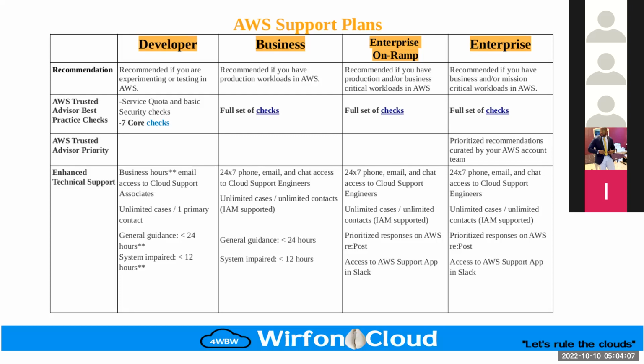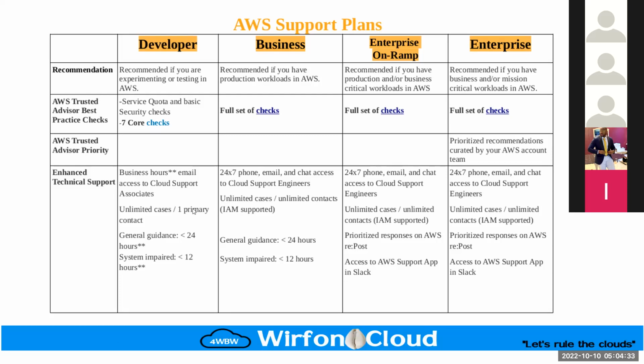On the enterprise, we also have 24/7 phone, email, and chat access to cloud support engineers, unlimited cases or unlimited contacts, IAM support in bracket. Prioritized responses on AWS repos, access to AWS support app in Slack. Okay, thank you very much.